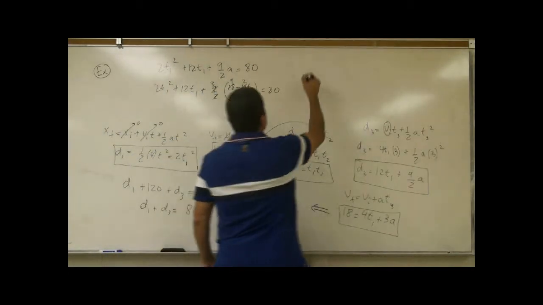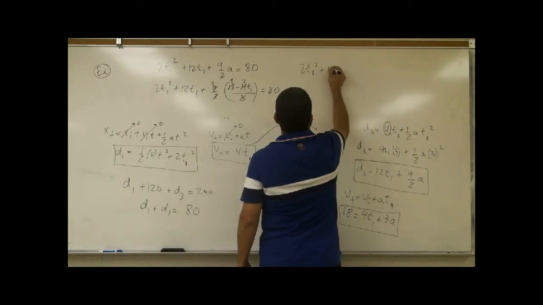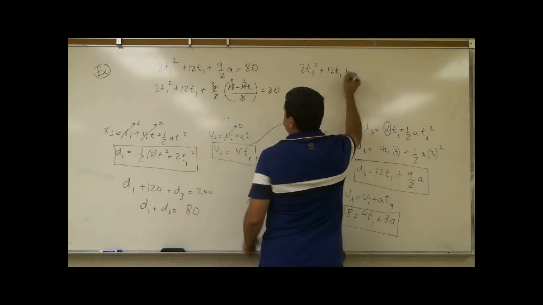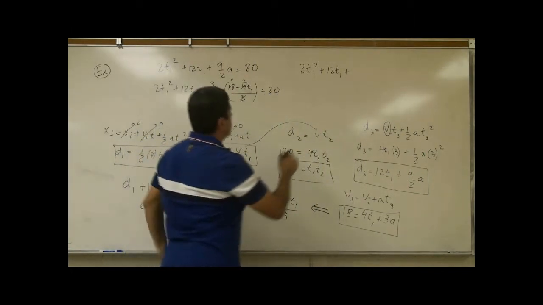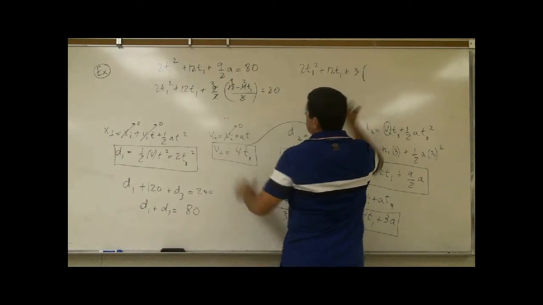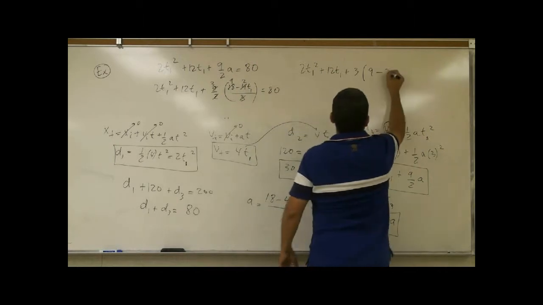So we basically have 2T1 squared plus 12T1 plus, the 2 canceled out, so the 2 disappears. 3 goes into here, 9, so we have a 3 left over. And then 2 went into there 9 times. 2 went into here twice.